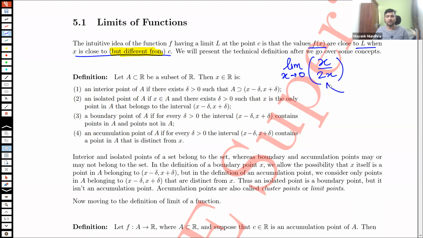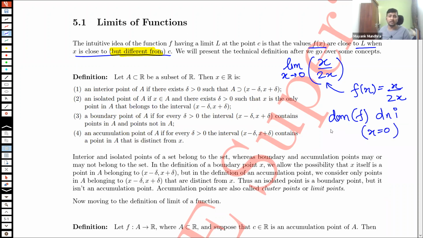So if this were my function f of x, which is x by 2x, then the domain of f does not include x equals 0. x equals 0 is not a point in the domain at all. So I am not interested in what's happening at x equals 0. I am interested in what's happening as x becomes closer and closer to 0.